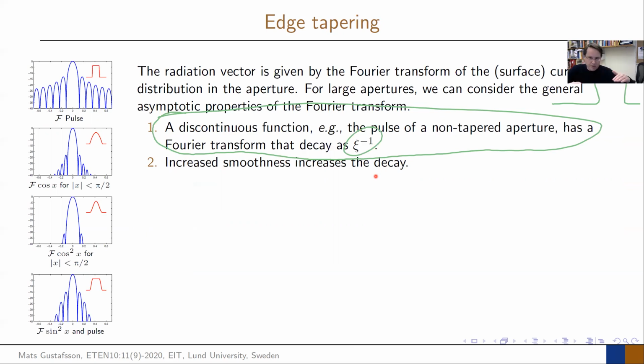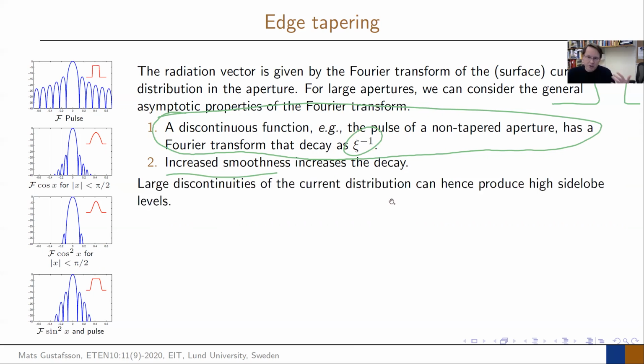And if you smooth it, so for example, the function is continuous, but the derivative is discontinuous, it goes 1 over xi squared and so on. So increase the smoothness here to increase the decay. And yeah, large discontinuities create high side lobe levels. It's a general thing.